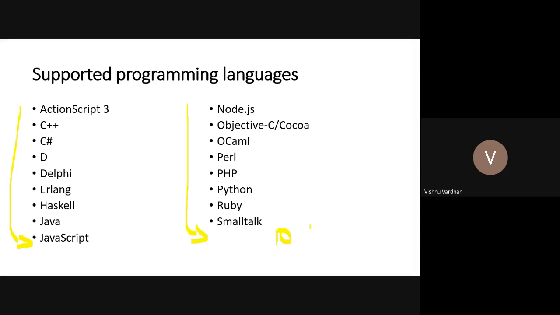Okay, so as it is an open standard of the Apache Foundation, if you want to integrate it with your own compiler, suppose you have written one programming language, you can have that compiler integrated with Apache Thrift because it's an open standard.